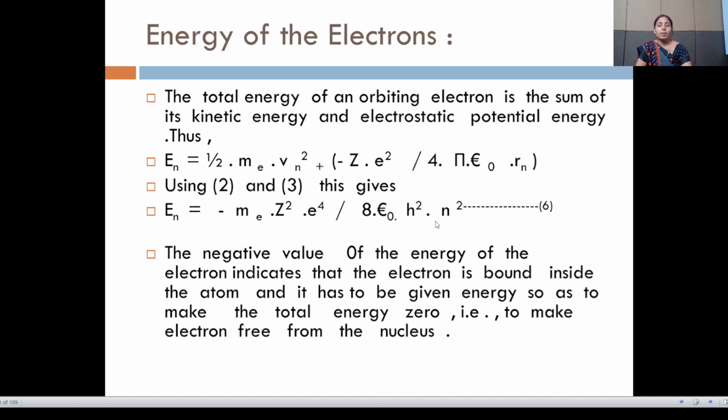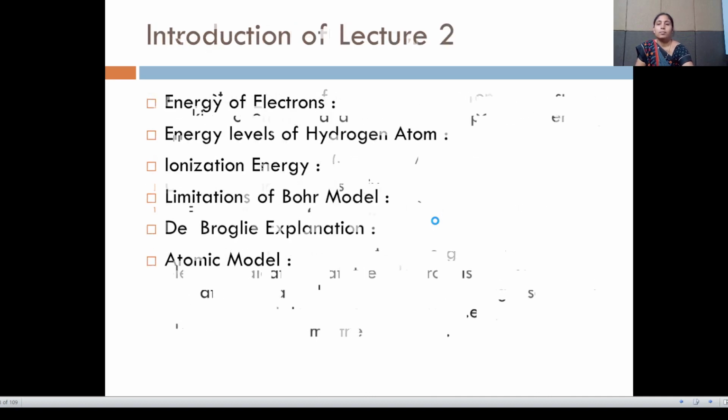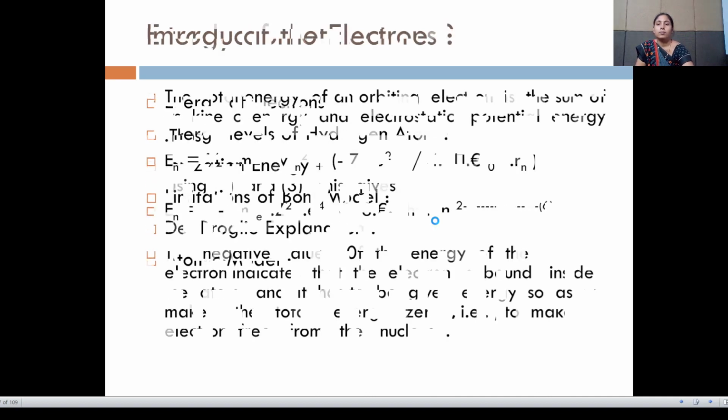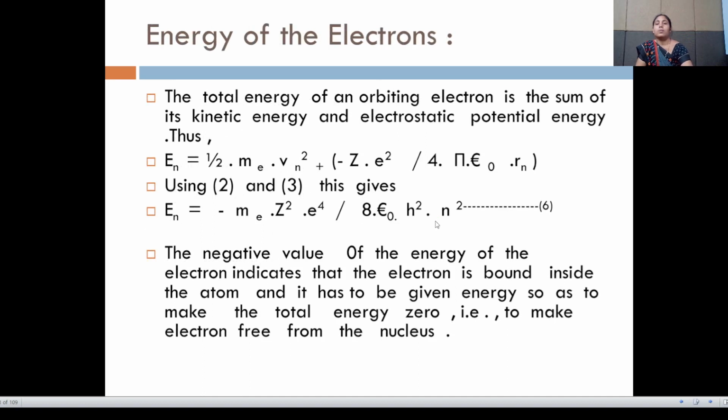So En is equal to minus m_e Z square e raised to 4 divided by 8 epsilon naught square h square n square. That is equation number 2.